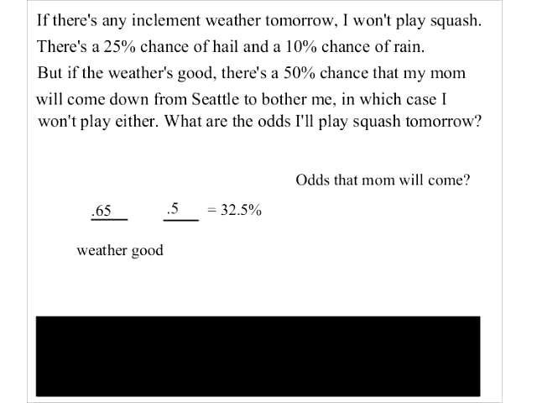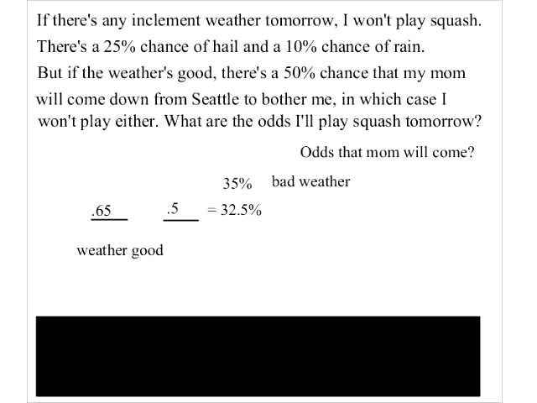So in other words, you could add it this way. 35% chance bad weather, 32.5% chance mom comes. And that adds up to 67.5% no squash, or 32.5% squash, which is the answer.